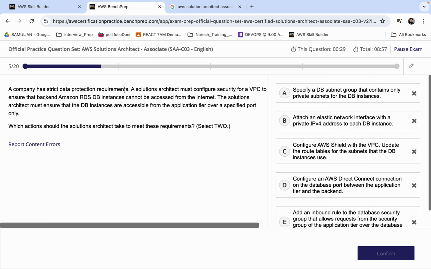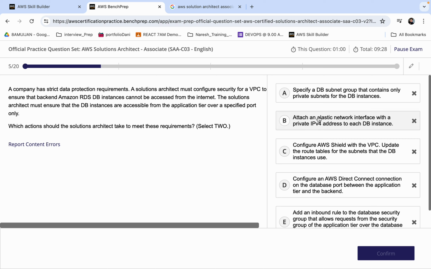They have data protection requirements, and they are talking about the database not being accessed from the internet, but being accessible from the application tier over a specified port.